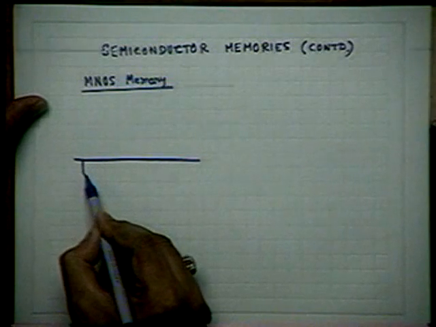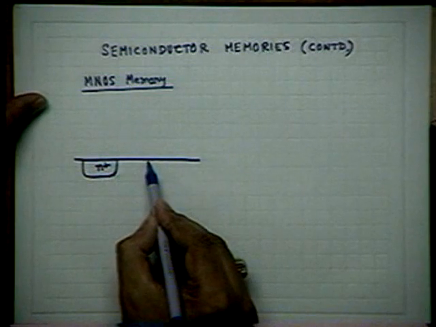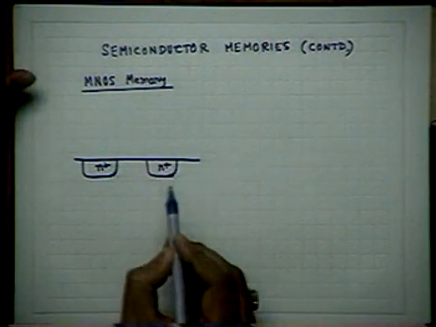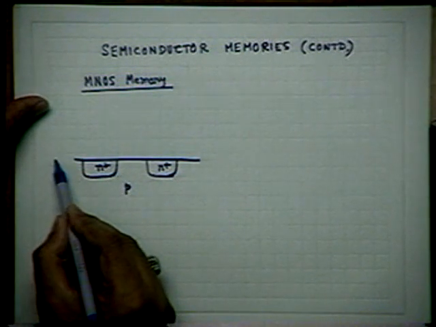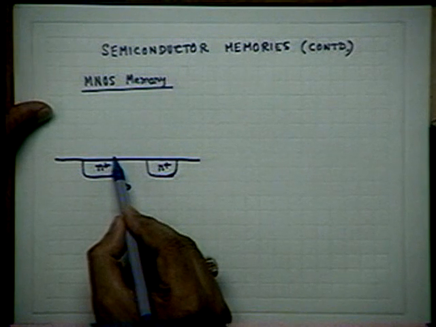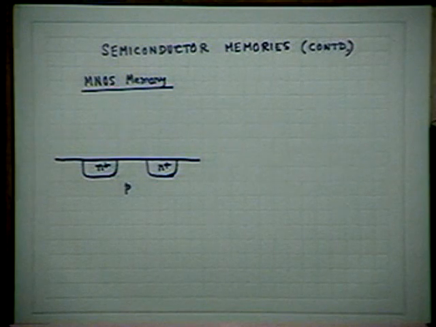You know that this is the nMOS, with a p-type substrate. Now the dielectric here consists of two parts. The gate dielectric consists of two parts in MNOS.